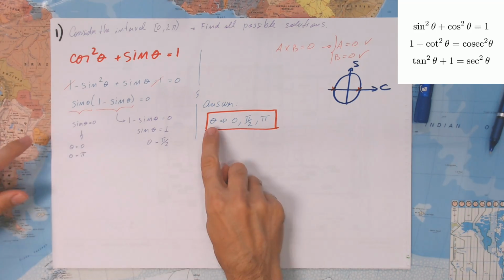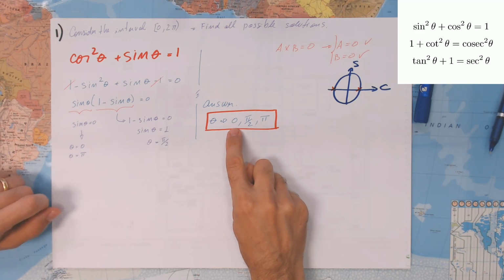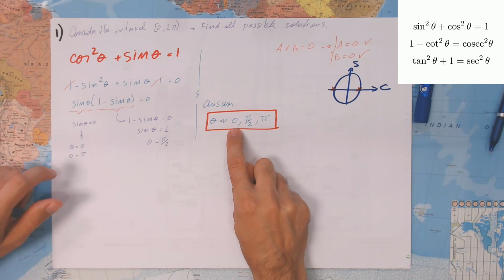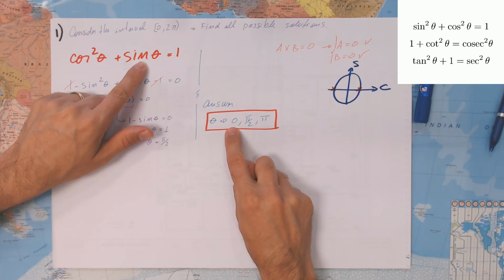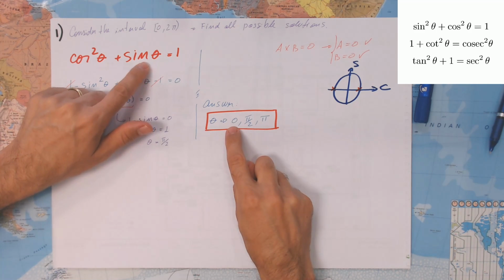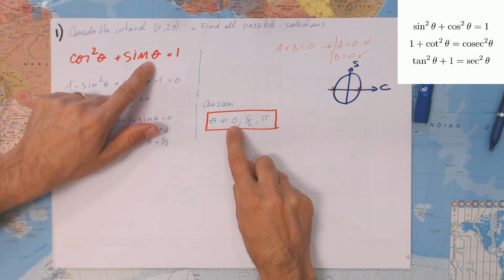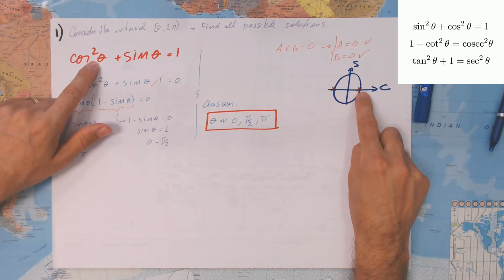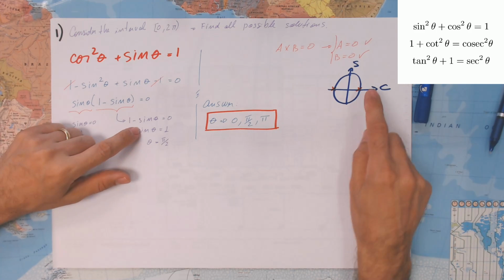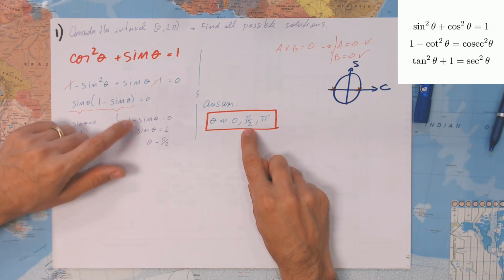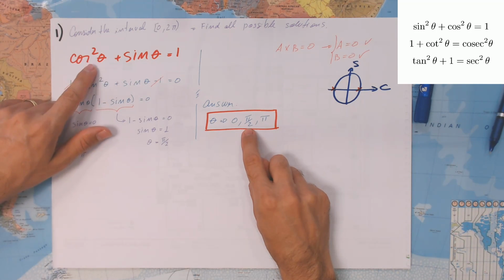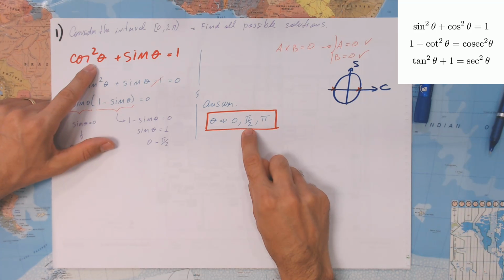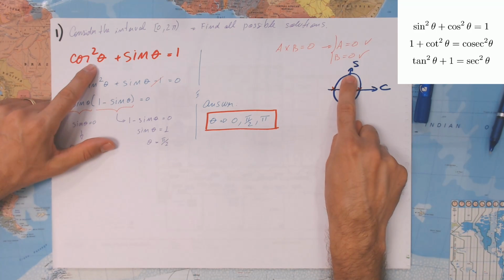If theta is 0, let's just check. Let's make theta equal 0. Sine of 0 is 0 and cosine of 0 is 1. Good, works. Let's make it pi over 2. Cosine of pi over 2 is going to be 0.